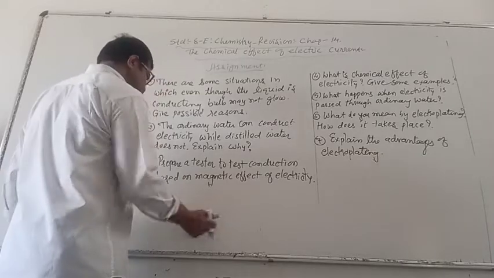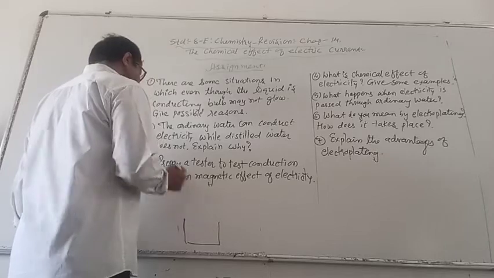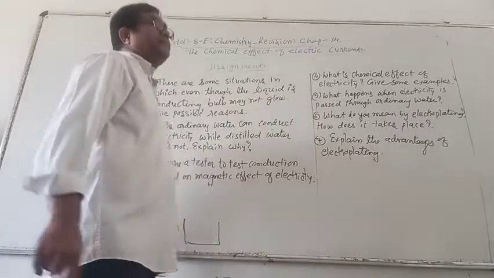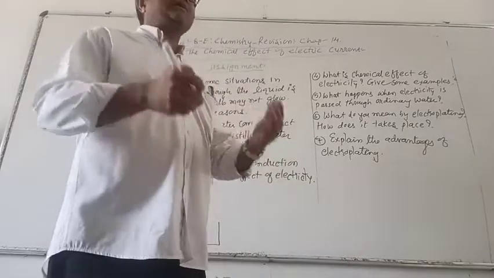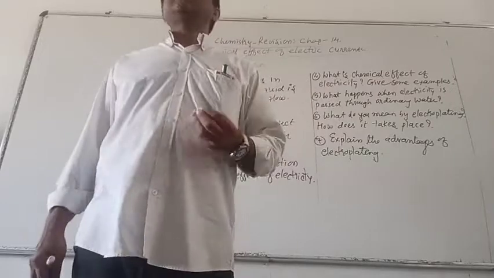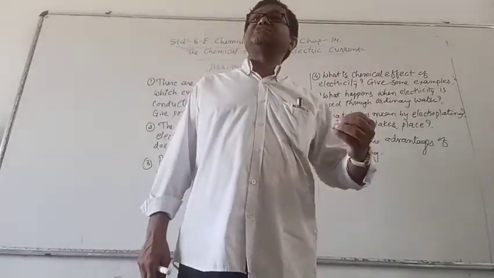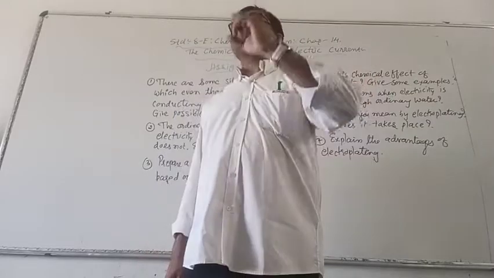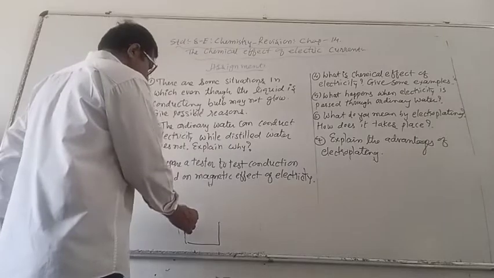So in this situation, what we can do is use the magnetic effect of electricity. We know that when a magnetic compass is brought near a current carrying wire, it shows deflection. It means the current is passing. So now we can do the same thing here.